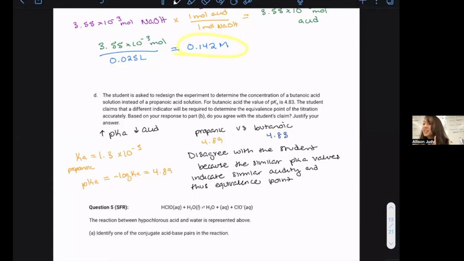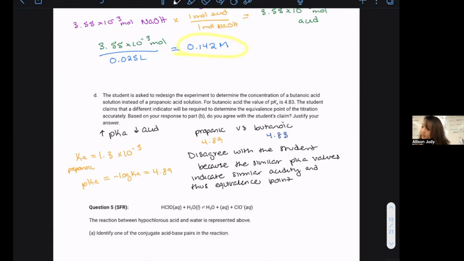Totally meant indicator. Since the indicator goes range across a pH of 2 units or a pKa of 2 units, because technically at equivalence, we can make all those comparisons. This is both weak acids, pKa equals pH. Anyway, all that stuff. We could safely say that the indicator being used for propanoic acid would sufficiently indicate and align within a correct and reasonable range for the equivalence of butanoic acid, okay? So I should have probably written all that down instead of just spoke it.